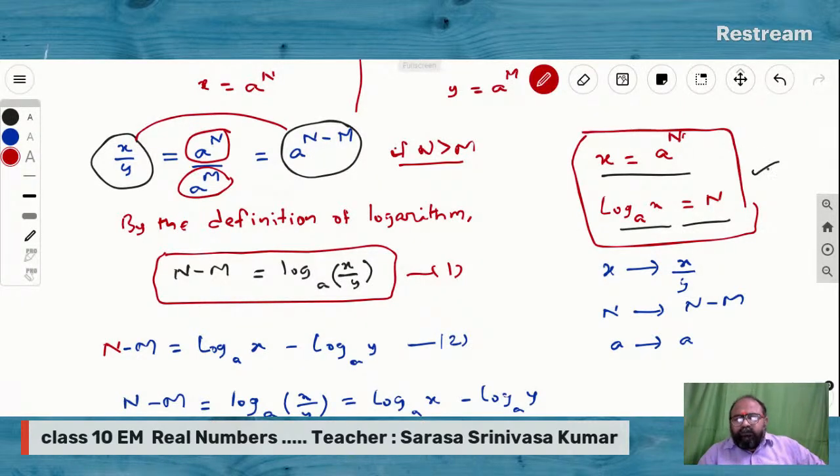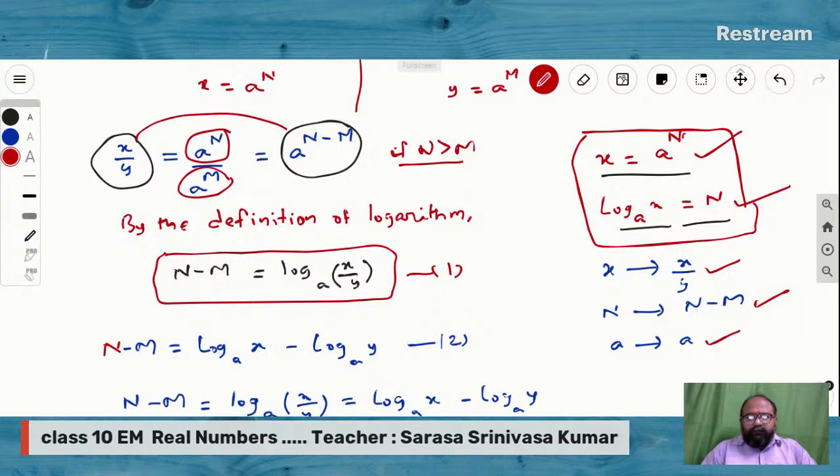We apply the definition of logarithm: x equals a power n implies, and is implied by, log x base a equals n. This is the definition of logarithm. In this definition, in place of x we have x by y, in place of n we have n minus m, and in place of a we have a.